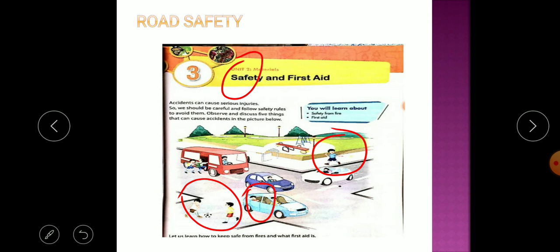This is the third picture where the boy is peeping out of a moving car and is not taking any safety measure. This is the fourth picture where the kids are running and trying to get into the moving school van and can hurt themselves. So, you have to be very careful while walking on the road.